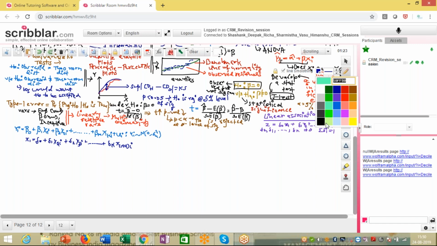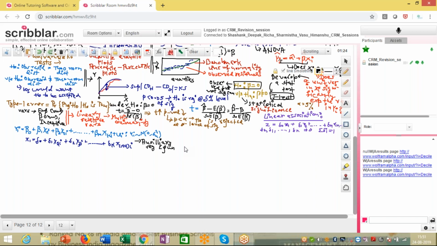When you write one independent variable as a function of other independent variables, it is called the auxiliary regression equation.